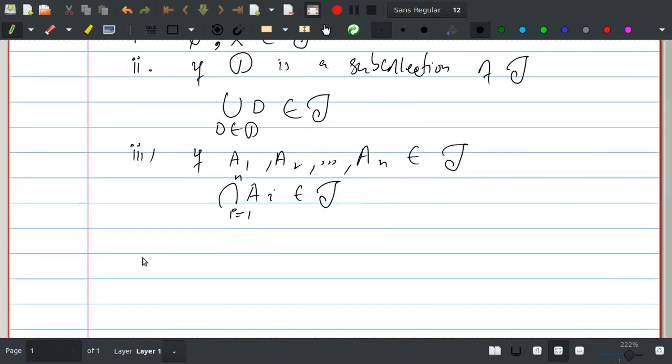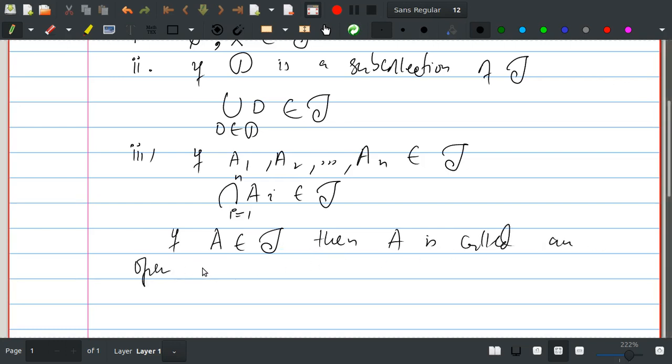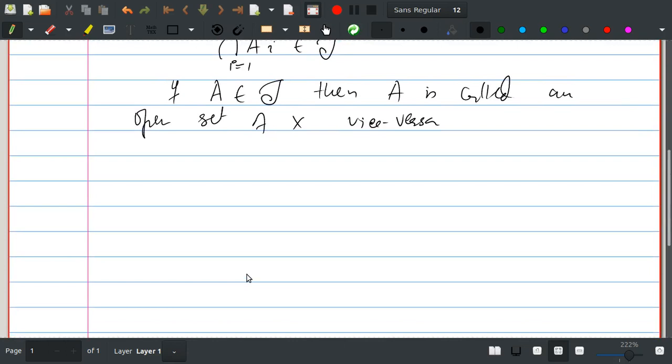Now there is this definition that if A is any element of this collection, then this A is called an open set of X, and vice versa, i.e. if A is open in X, then A is an element of this script T. Then we defined the basis for a topology.